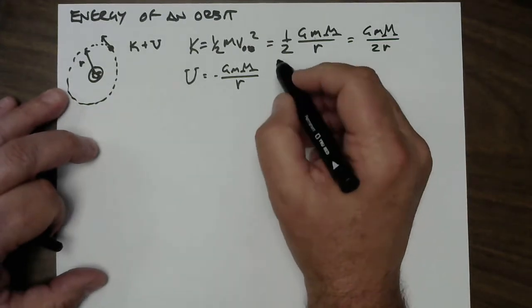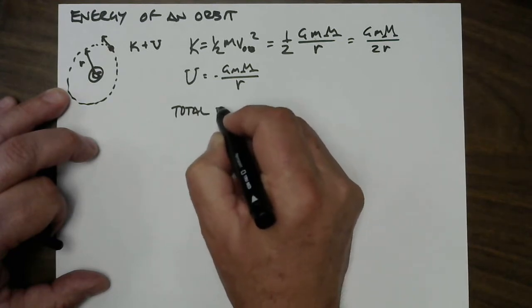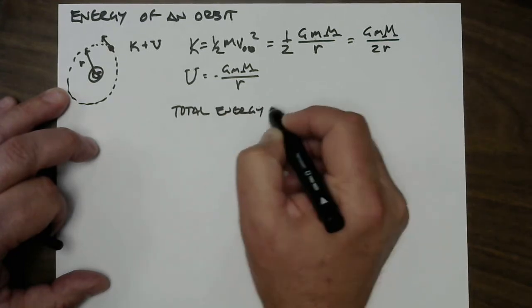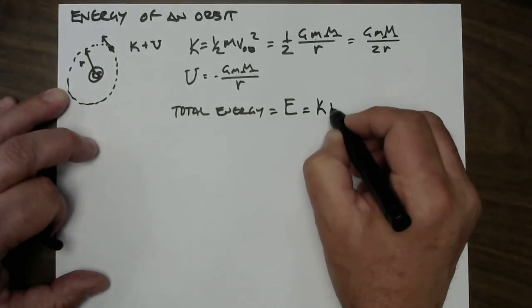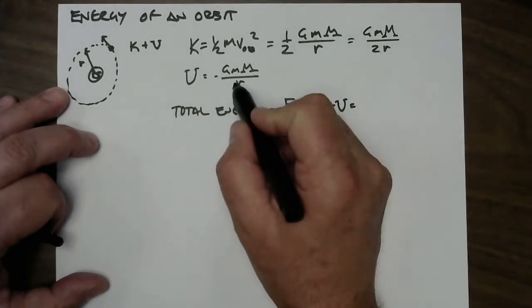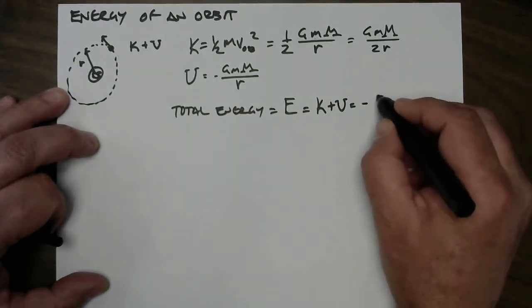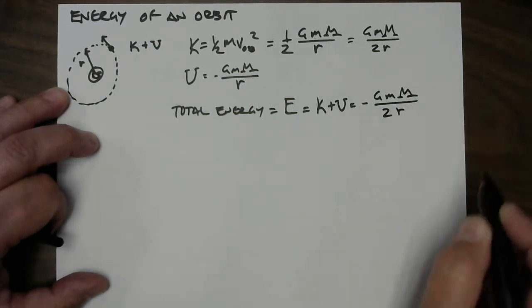which means that the total energy, typically abbreviated E, is going to be K plus U, which is going to be, let's see, we have half as much plus negative that much. It's going to be negative G M m over 2r.